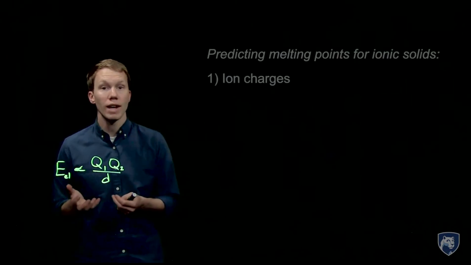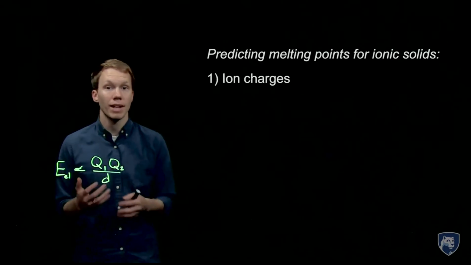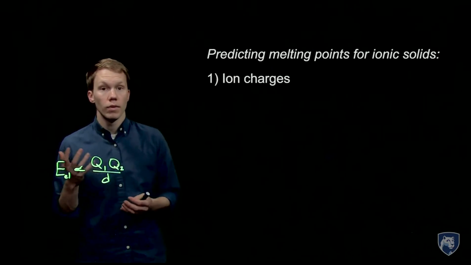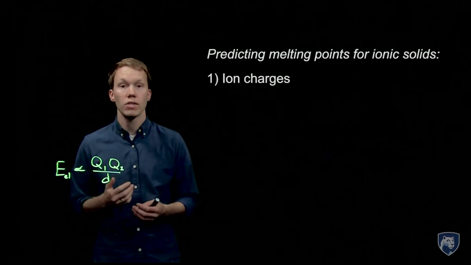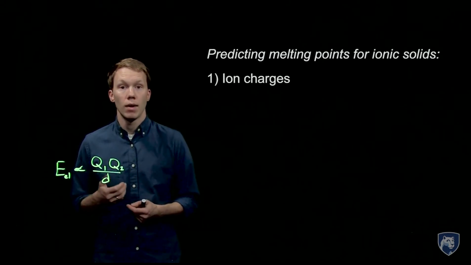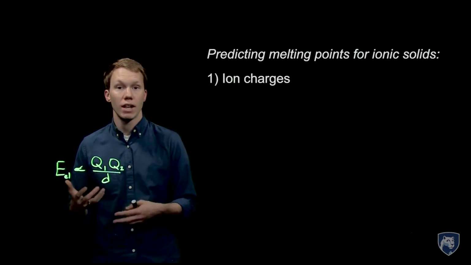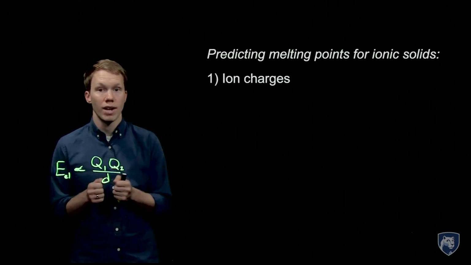So when we're considering trends in melting point for ionic compounds, we need to think about this ion-ion interaction and how strong it is. The number one thing to consider is the charge, right? The charge appears in the numerator here. It's going to have a multiplicative effect on the electrostatic potential energy and therefore the forces at work holding those ions close to one another.